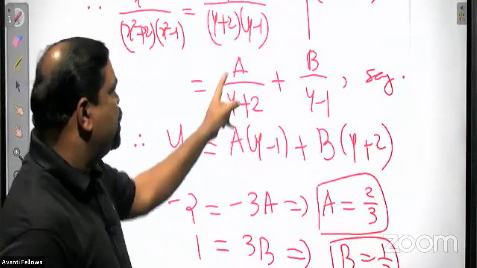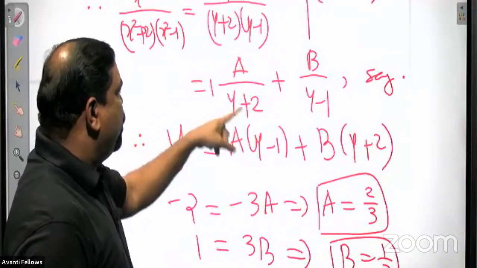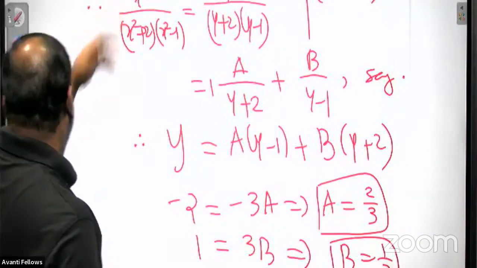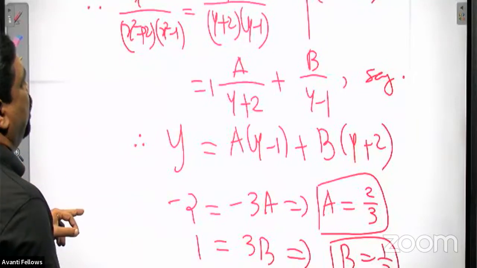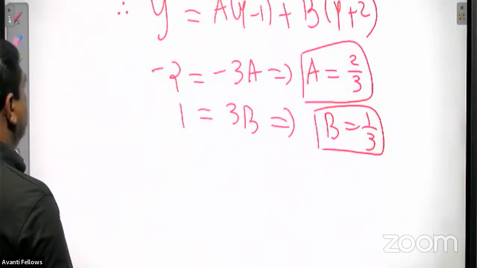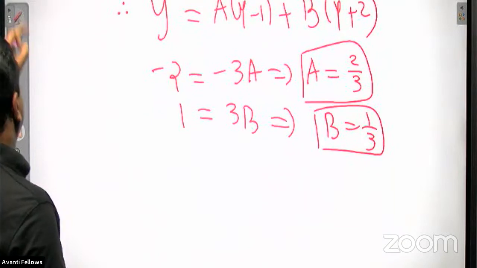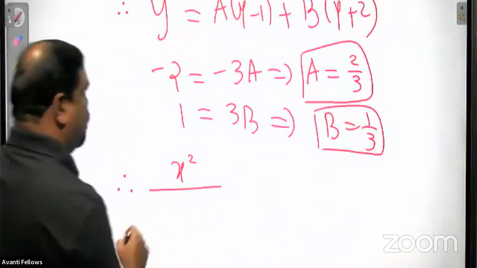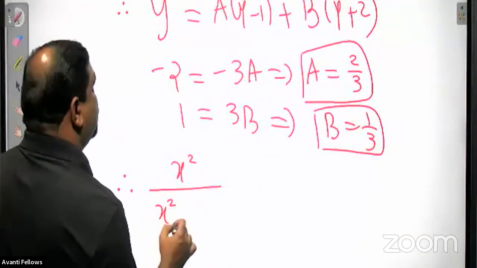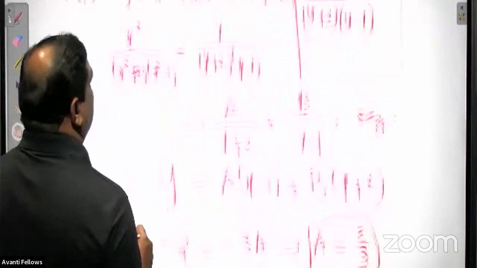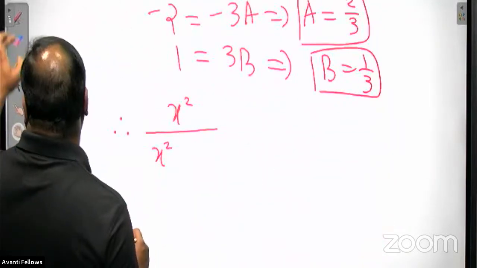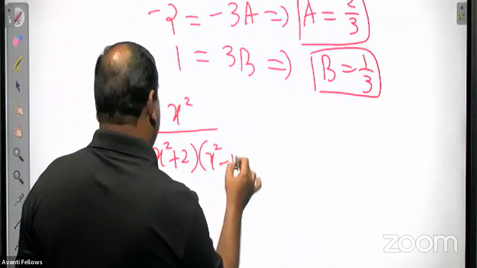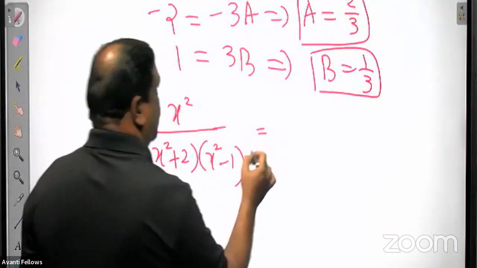So substitute these values here. A by (y plus 2) plus B by (y minus 1). So A is 2 by 3, B is 1 by 3. So our given expression, again, convert in x only. Therefore, the actual expression x square divided by (x square plus 2) into (x square minus 1) is equal to what?